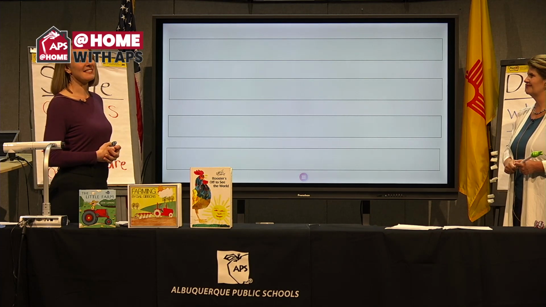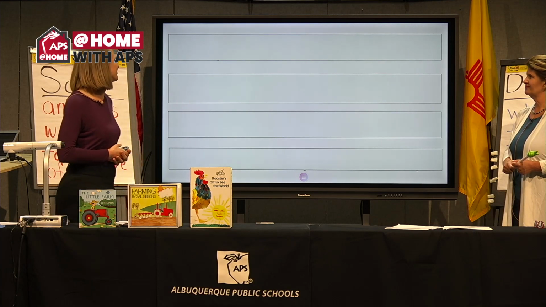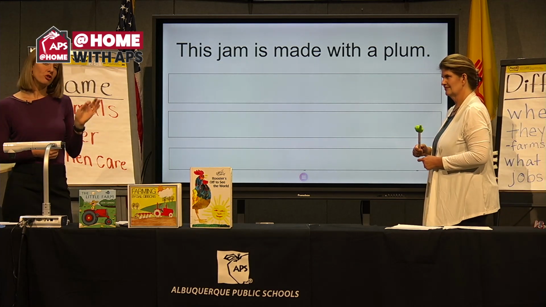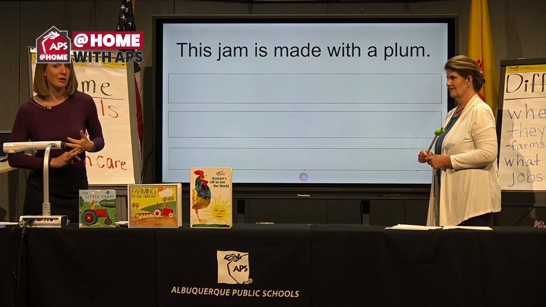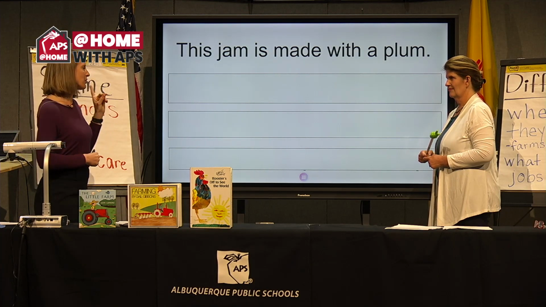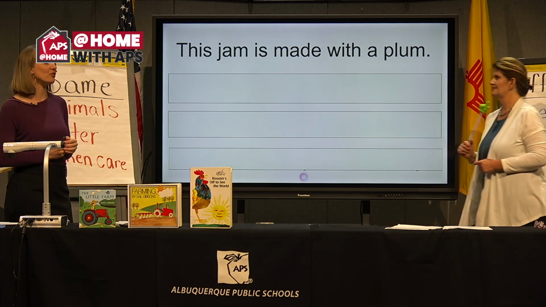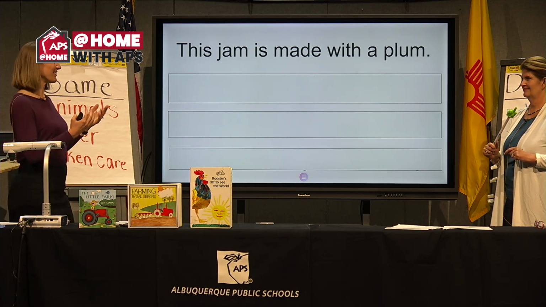Let's try some sentences now and see if we can read those by scooping groups of words together. Let's start with the first sentence. All of these words should be words that you either already know or should be able to decode. Before we read, I want you to make sure that you take a look at the end of the sentence and notice what type of punctuation is at the end of that sentence. Ready?